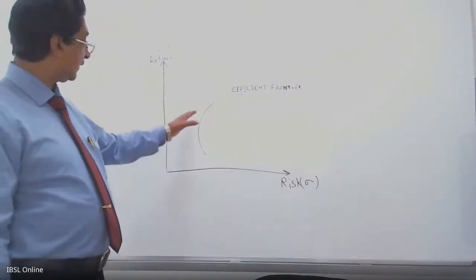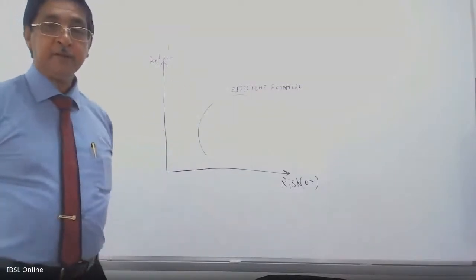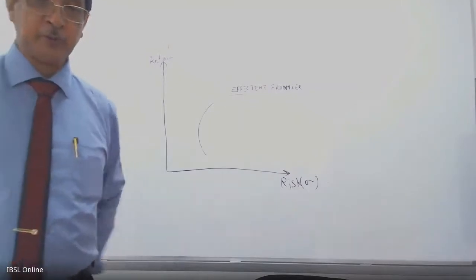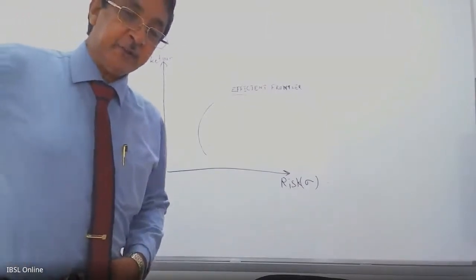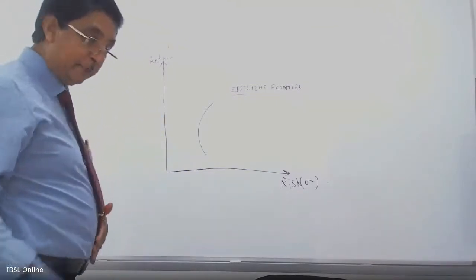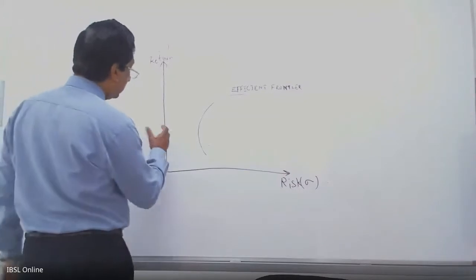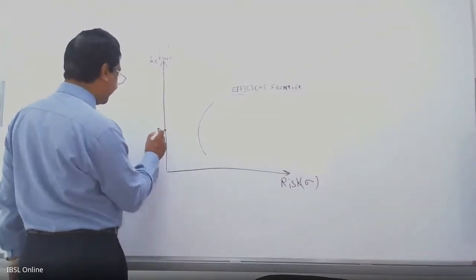Now this is the first thing. But when you add risk-free assets into this portfolio, and for different weights, you will have another efficient frontier which starts from R here. R is the risk-free rate.